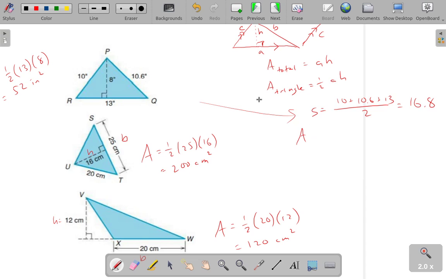And so the area, I already found to be 52 square inches. Let's see if this gives us the same result, though. I'm actually curious.